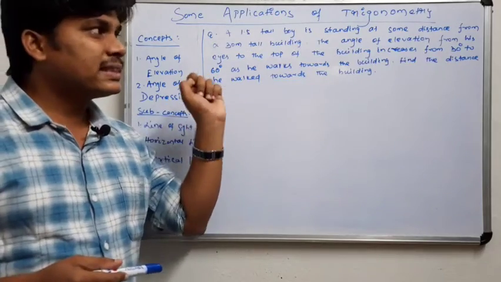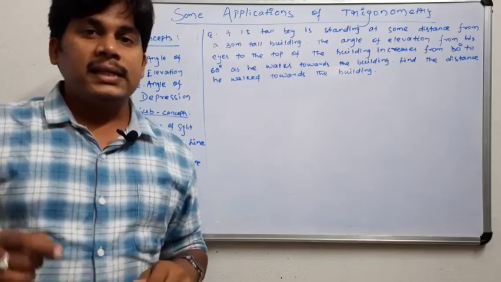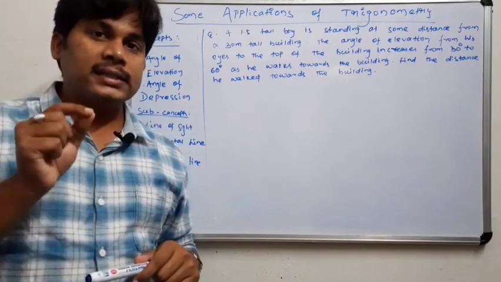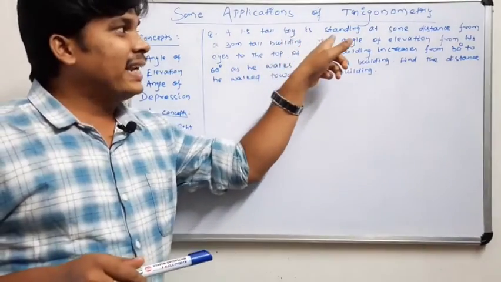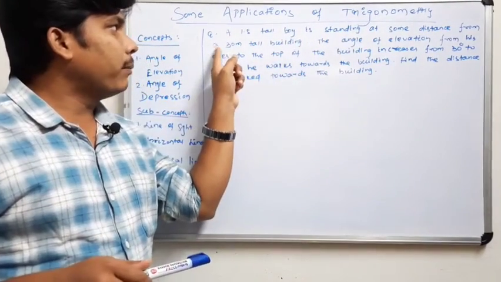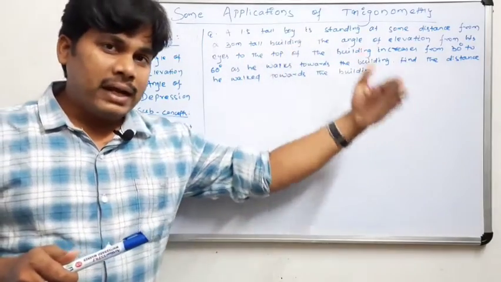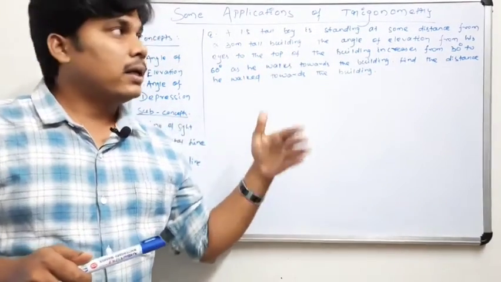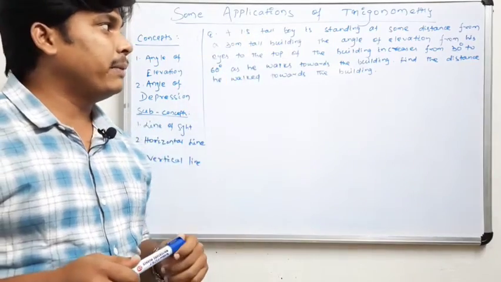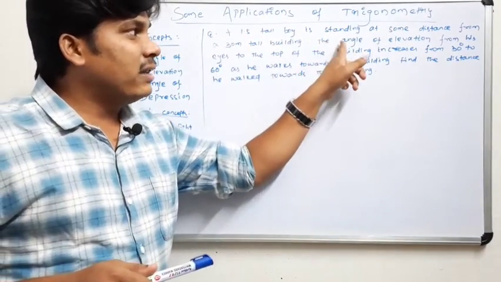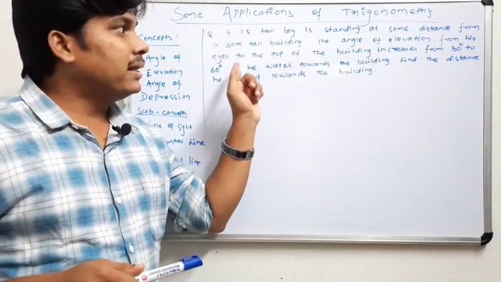Question number 6 is: given a 1.5 meter tall boy, meaning here the observer is 1.5 meters, that a boy is standing at some distance from a 30 meter tall building. Means there is a building, and in front of that an observer, a boy whose height is 1.5 meters.